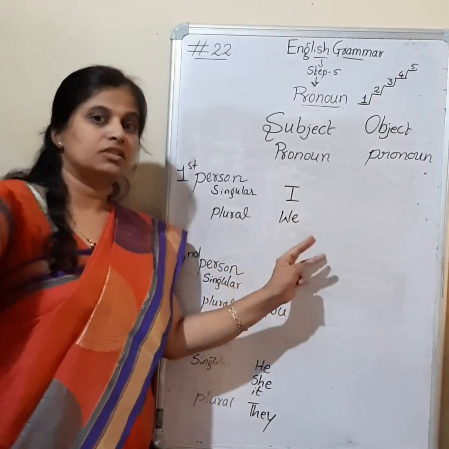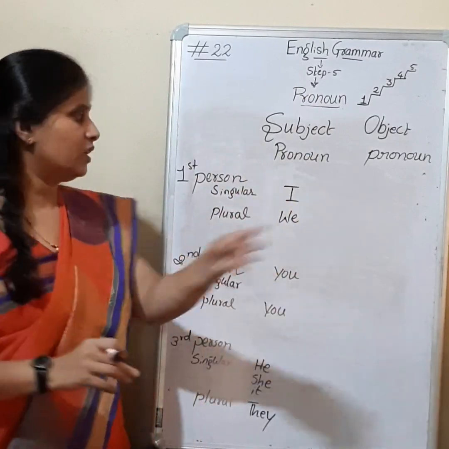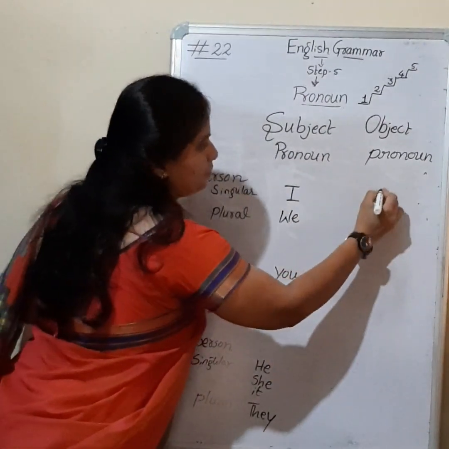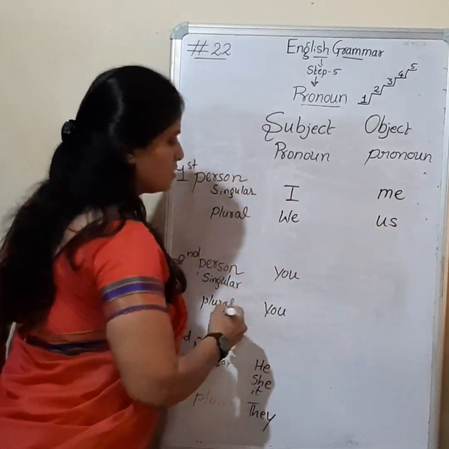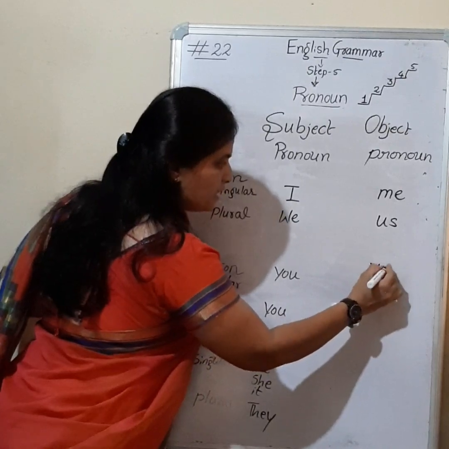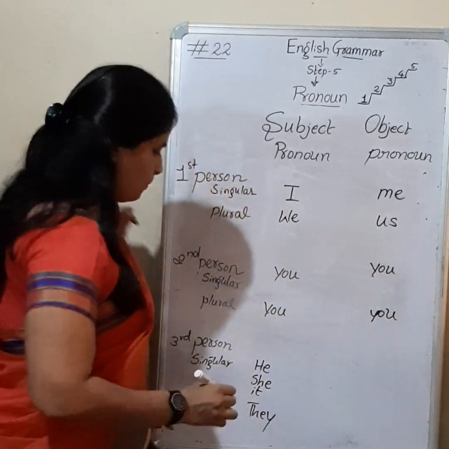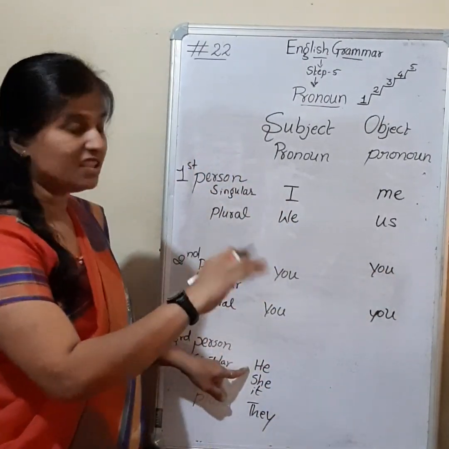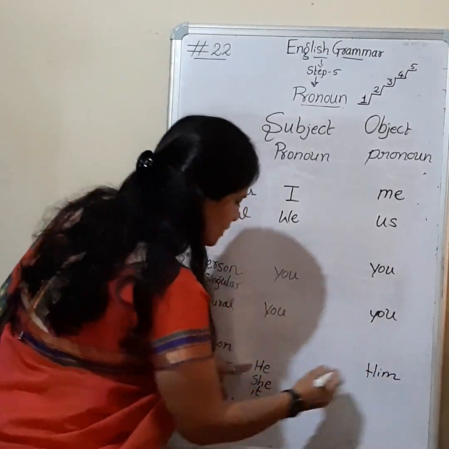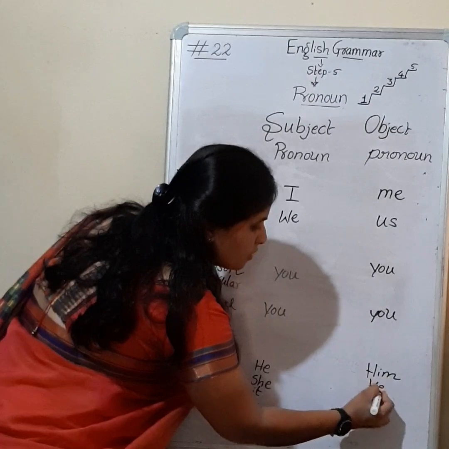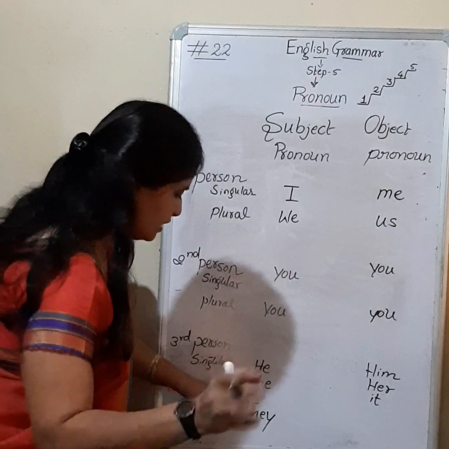Now let us talk about the object pronoun, when the work is acted upon. So I becomes me, we becomes us, you becomes you, it remains the same, no change at all. Here also it remains the same, no change at all when it is written as an object pronoun. He becomes him, she changes to her, it changes to it only, it never changes.